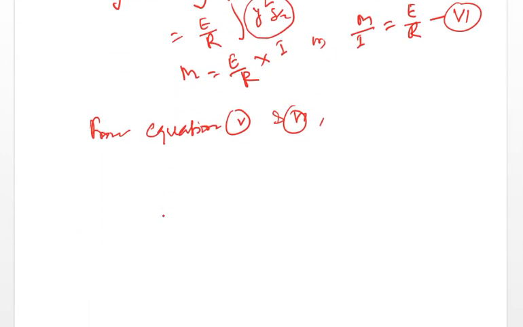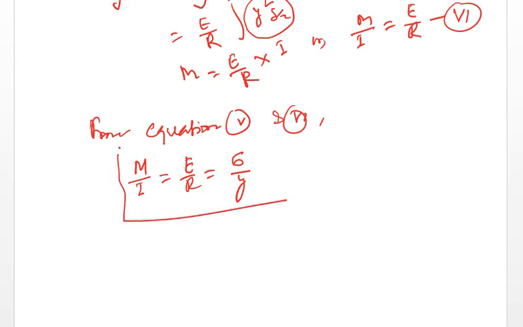So we can put the value of M upon I equal to E upon R, and this E upon R is equal to stress upon y. So finally we derived the bending formula, also known as the bending equation.